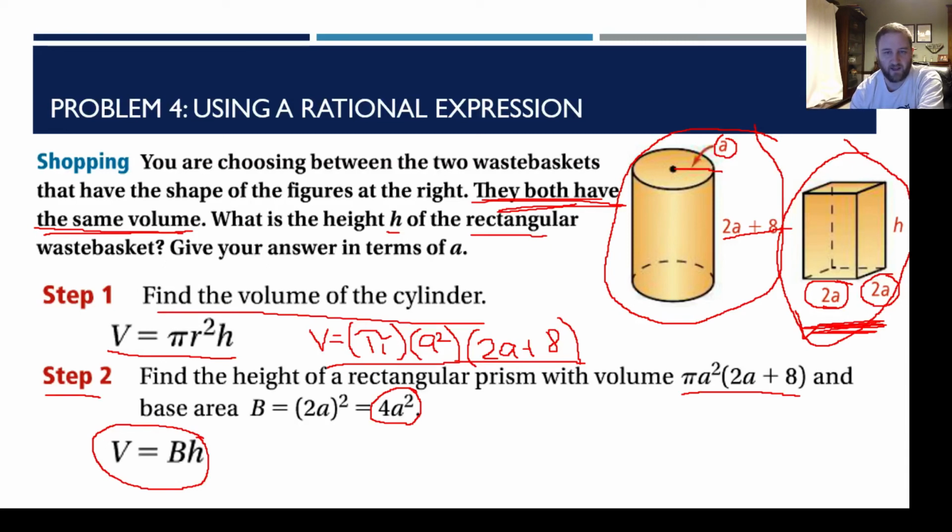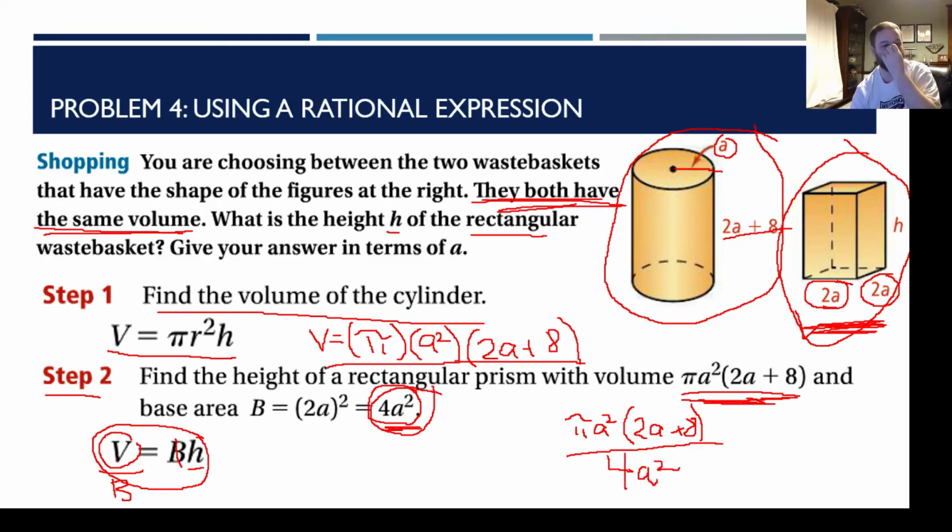So if the volume is this and the base is this, how do we find the height? Well, we're just going to take the volume and divide it by the area of the base to get the height. So it's going to be pi a squared times 2a plus 8 over our base of 4a squared.